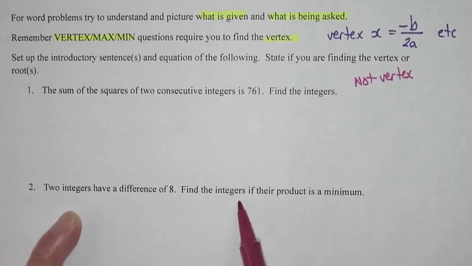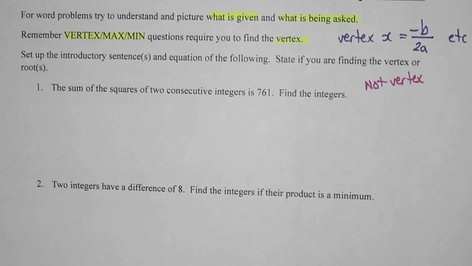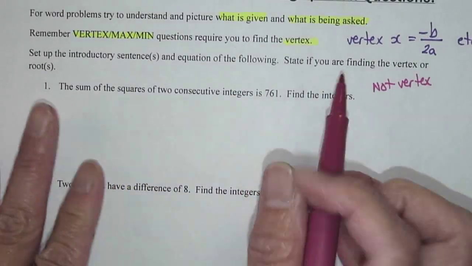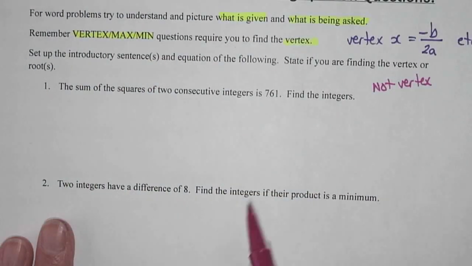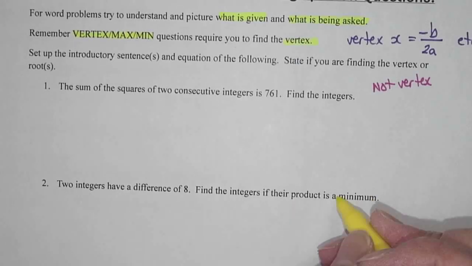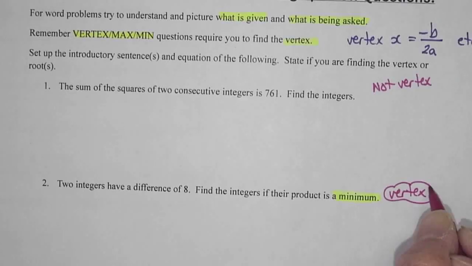Both of them say find the integers, because sometimes people think that when I find the integers, I'm solving a quadratic. No, it's not those words. Which words is it? This one says that the sum equals 761 and nothing else. This one says they have a difference of 8, find the integers if the product is a minimum. This part here is telling you it's a vertex question, so we need to find the vertex.